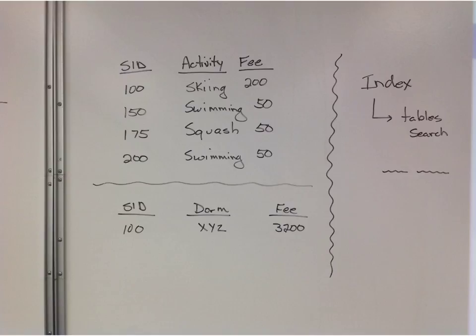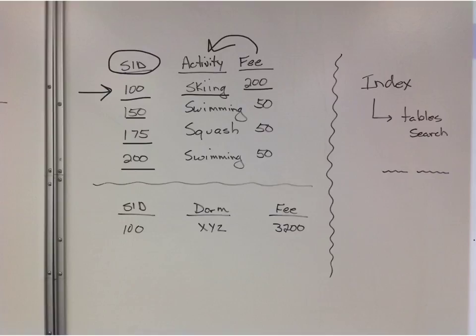Okay, another example of normalization we talk about here. We have student IDs. Skiing is the activity. The fee is $200. If this student decides not to go skiing, we now lose that fee of $200. It's nowhere stored in our database. The fee is dependent upon the activity, not which student is doing it.